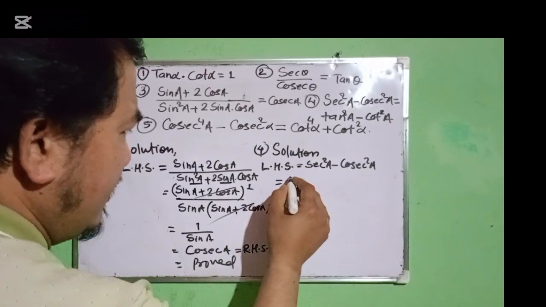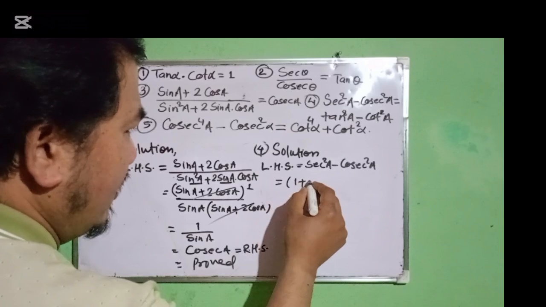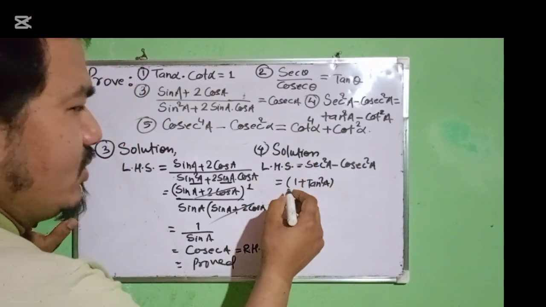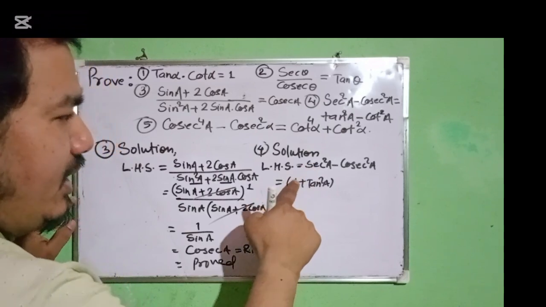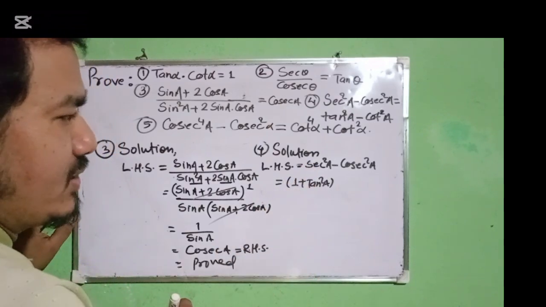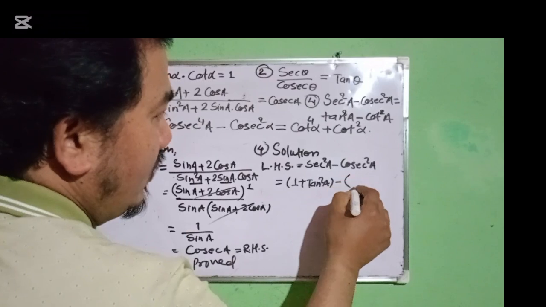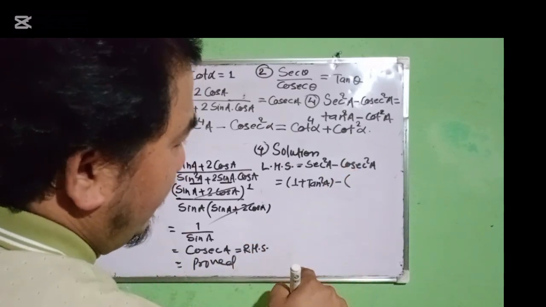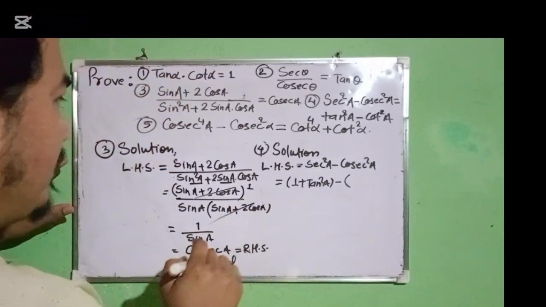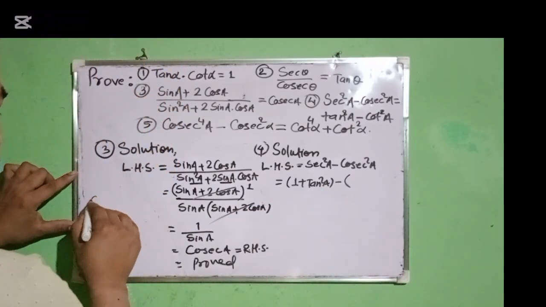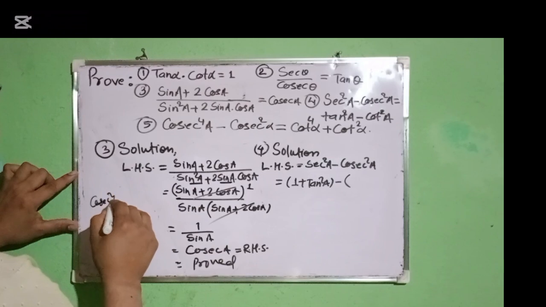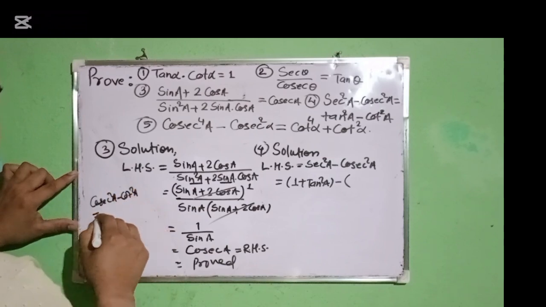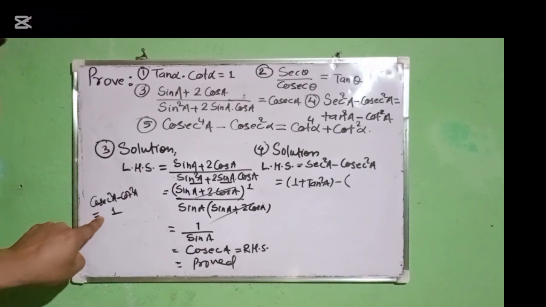Sec square A means 1 plus tan square A. In sec square and tan there is only one formula: sec square A means 1 plus tan square A. This is in the Pythagoras relation. And we know cosec square A. What does cosec square A mean? Look here, in the Pythagoras relation we had cosec square A minus cot square A equals 1.